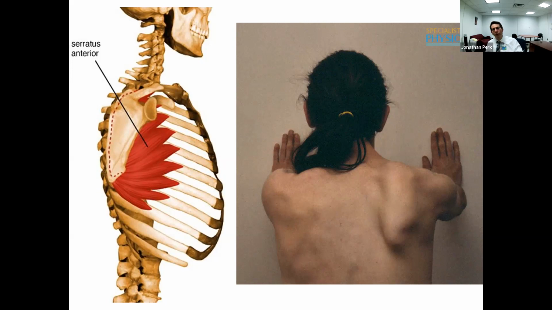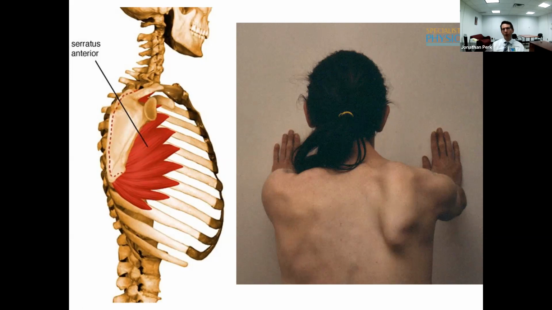Okay, so now let's see if you guys are listening and concentrated. If we have weakness of the serratus anterior here, look at the picture, which is attached laterally. It fixes the scapula laterally.